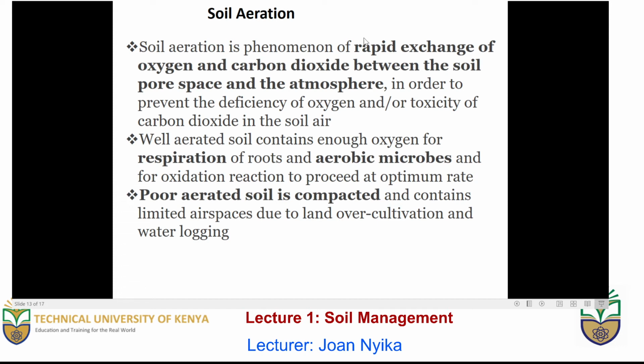So, how do we know that a soil is well aerated or poorly aerated? A well aerated soil contains enough oxygen for respiration of the roots and aerobic microorganisms. On the other hand, poorly aerated soil is compacted.